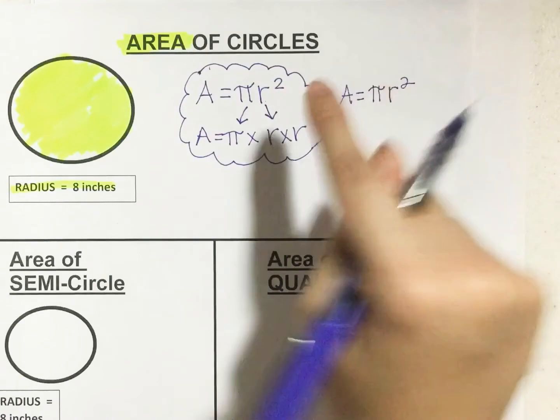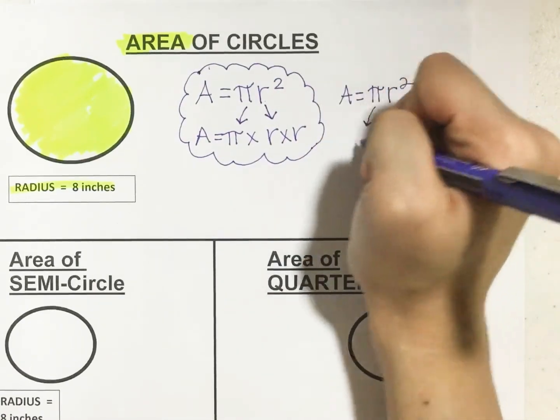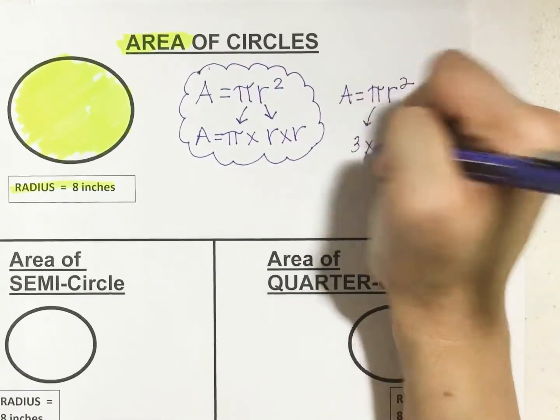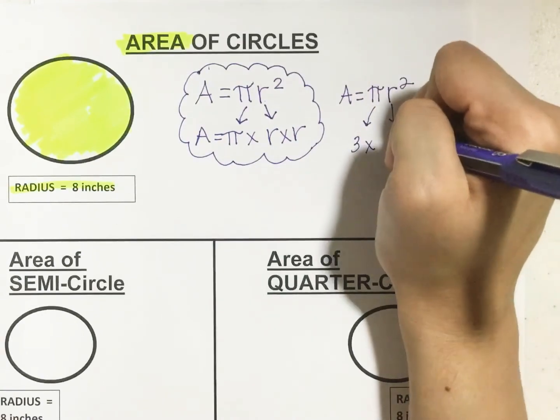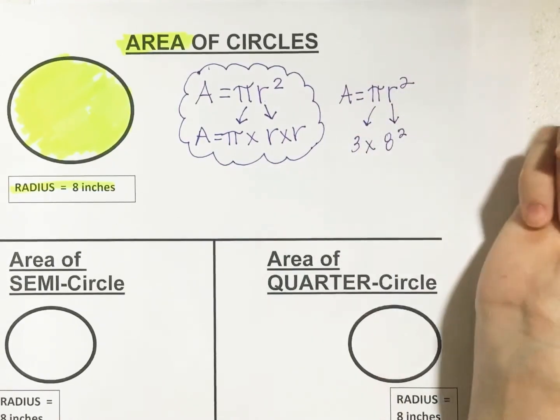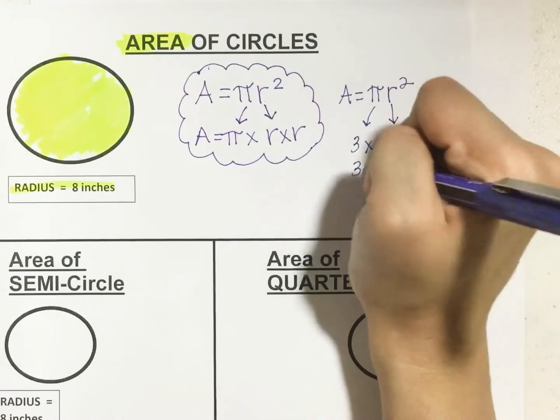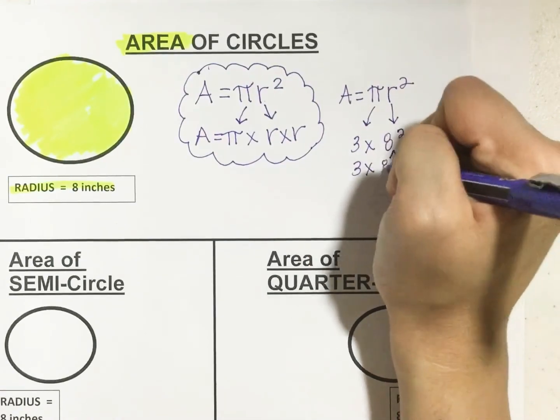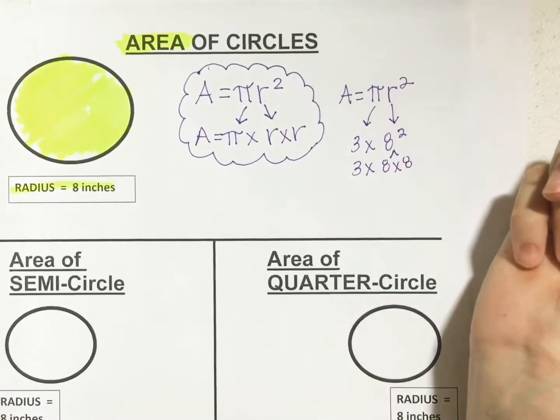So I'm going to use it as it says. Pi, I'm going to use 3, I'm going to round it. Radius to the second power, that's 8 to the second power. You rewrite it as 8 times 8.